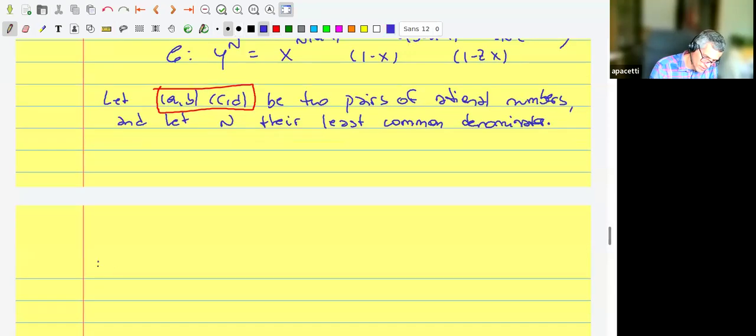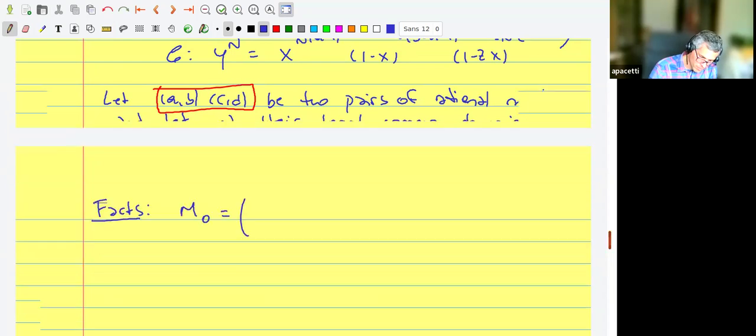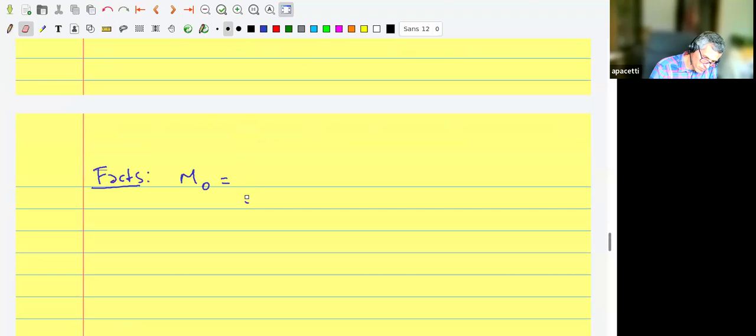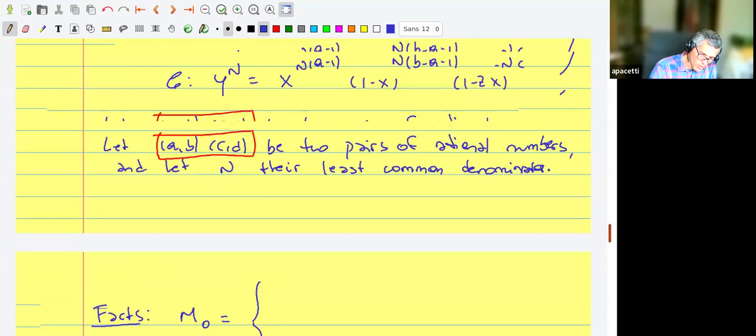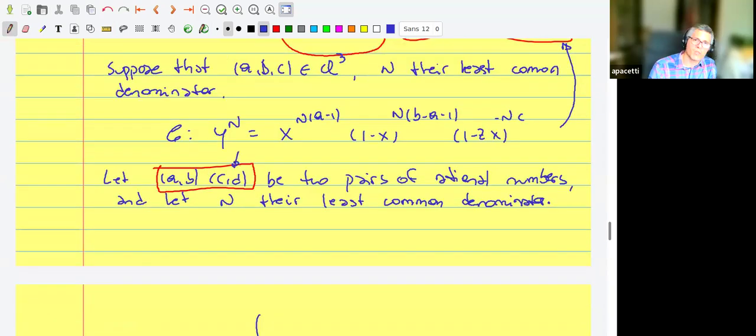So some facts. From these rational numbers, I'm going to define three matrices, M0, M1, and M-infinity. It's going to be defined in the following way. So the second pair of coordinates is going to give you the matrix at 0.